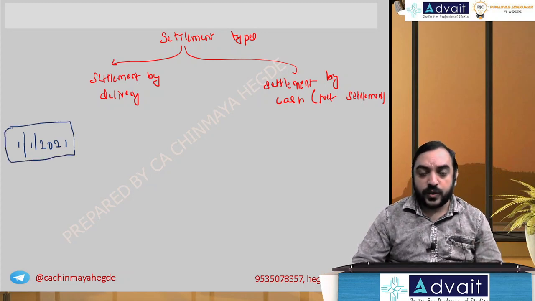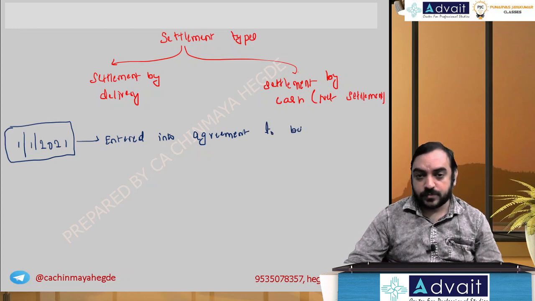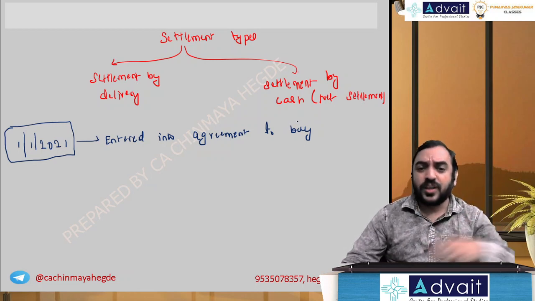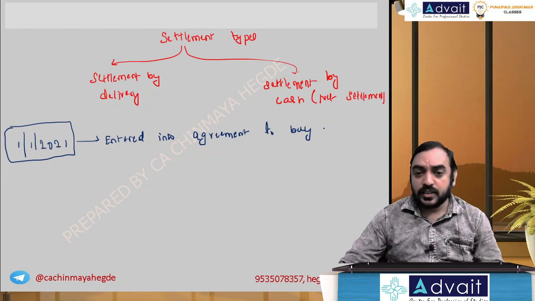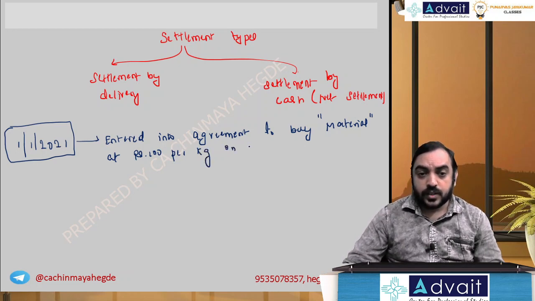Today on 1/1/2021, you entered into an agreement, a contract, to buy some material, some product, at rupees 100 per kg on 31st of December 2021.